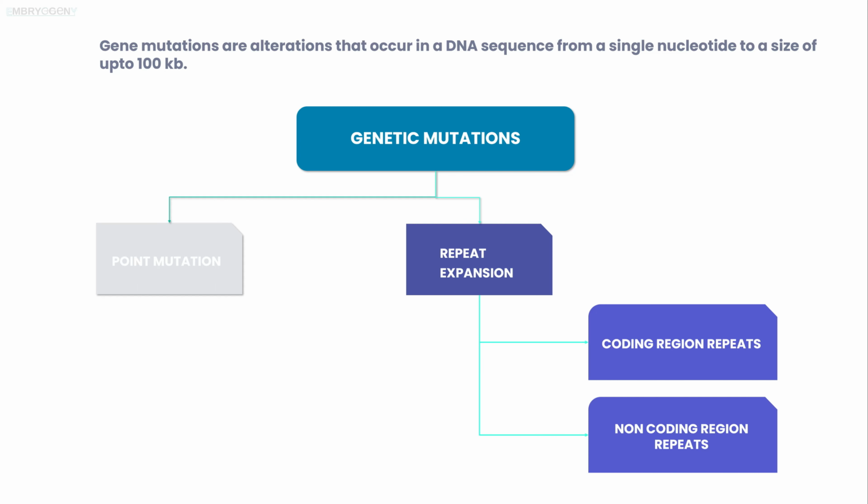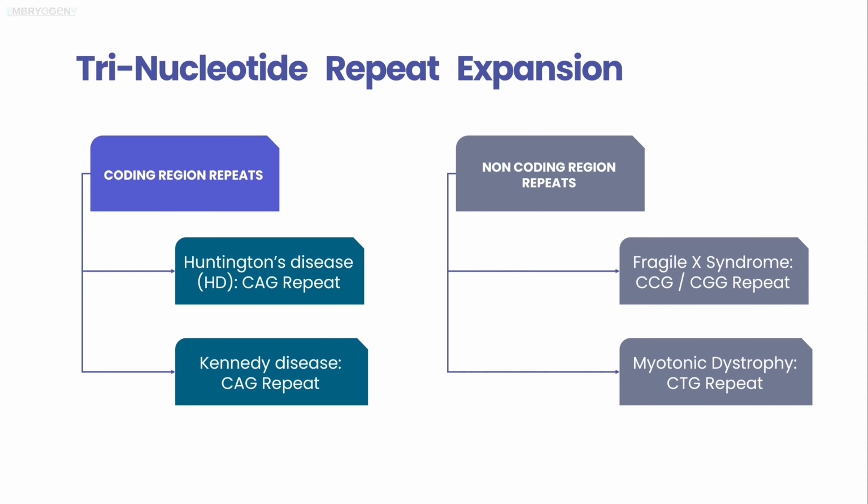Depending on its location, the unstable trinucleotide repeat may cause defects in a protein encoded by the gene, or change the regulation of gene expression, or produce a toxic RNA, or lead to a chromosomal instability. Trinucleotide repeat expansions, or TNR, mostly cause neurodegenerative diseases.